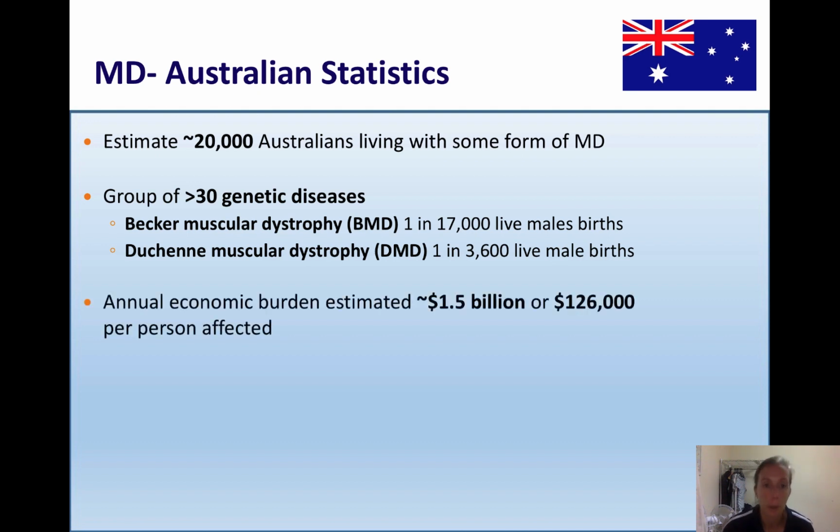So the economic burden of MD is around $1.5 billion per year in Australia, and that comes out at around $126,000 per individual.